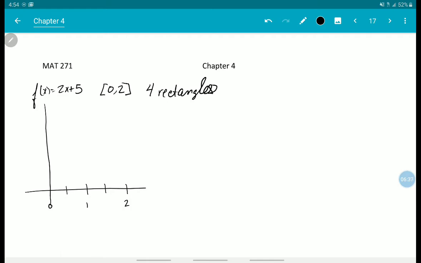If we were to plug 0 in, we would get 5. If we were to plug 2 in, we would get 9. So here's our graph.